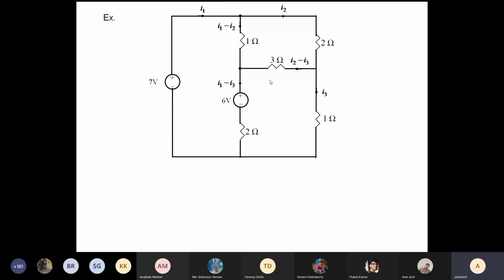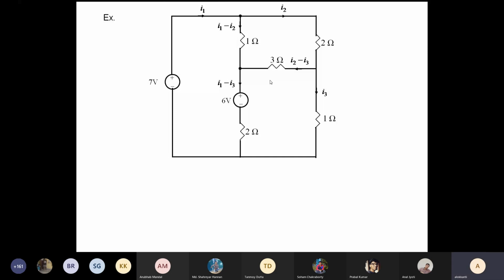But obviously we have tried to assume the minimum number of currents. You cannot choose I1, I2, I3, I4, I5, I6. They are again related, but we'll have to go for the minimum number of currents, assume, and then write down the mesh equations.